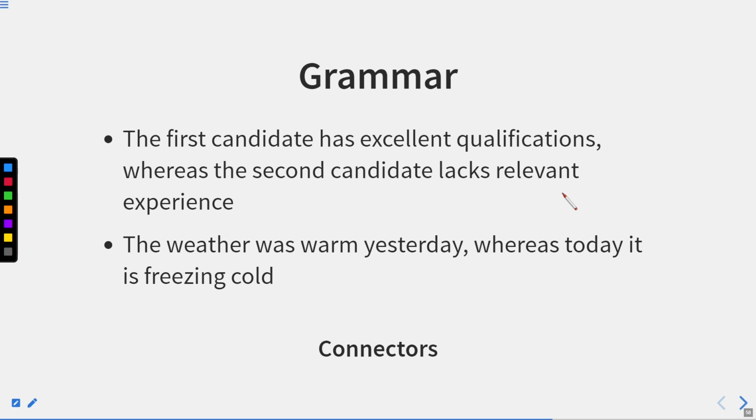The weather was warm yesterday, whereas today it is freezing cold. Now, in the first sentence, you can see the first candidate has excellent qualifications, so here we are comparing the qualifications of the first and the second candidate. And in the second sentence, you can see how the weather was yesterday and how it is today. We are comparing the weather of the two days.